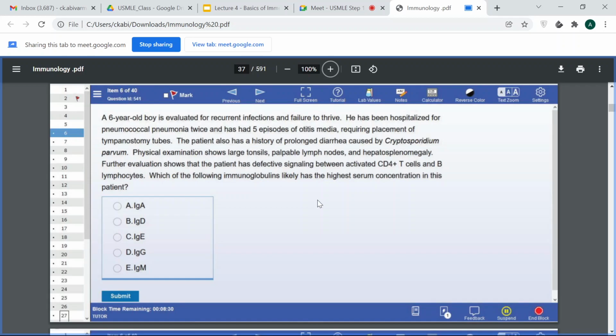So there are two ways you can answer this question. One, just by the fact that they have mentioned here, this patient has defective signaling between activated CD4 T cells and B lymphocytes. As we saw before, that handshake, that whole co-stimulation, happens between naive T cells and mature B cells.